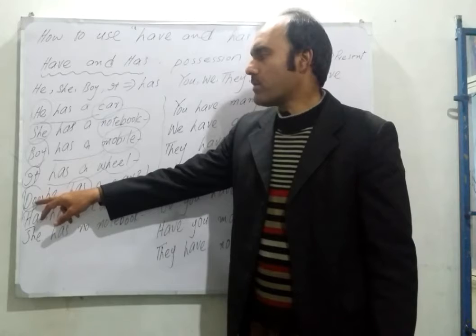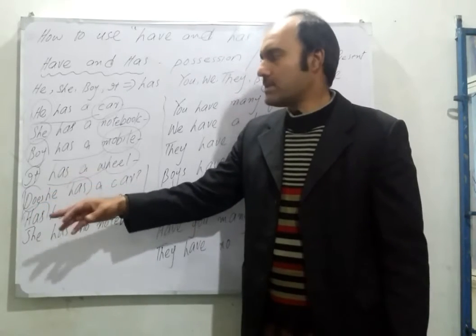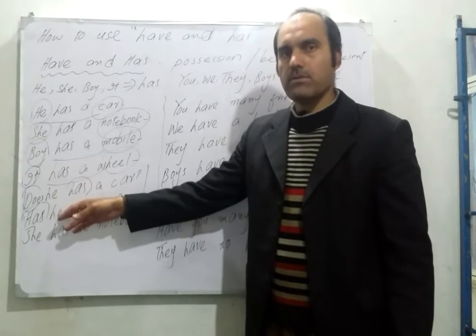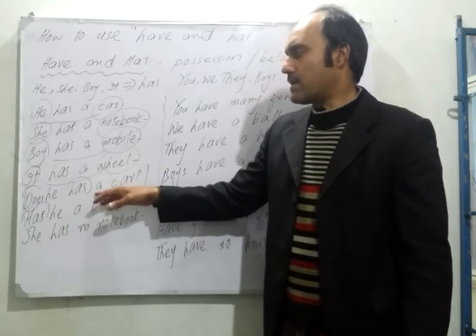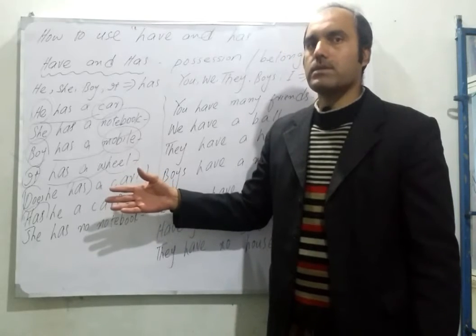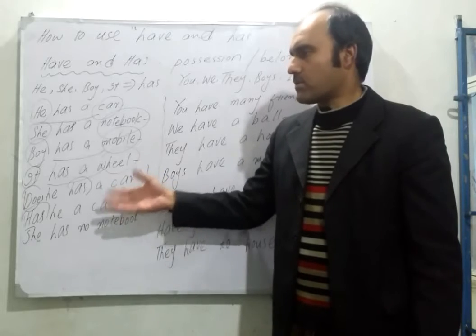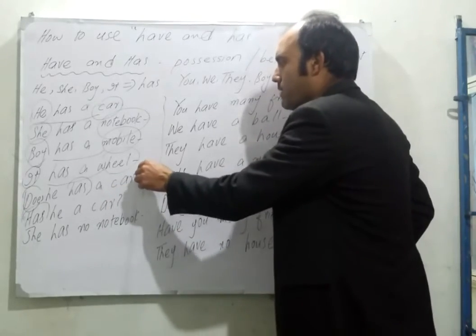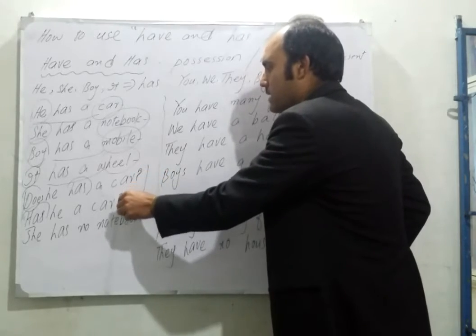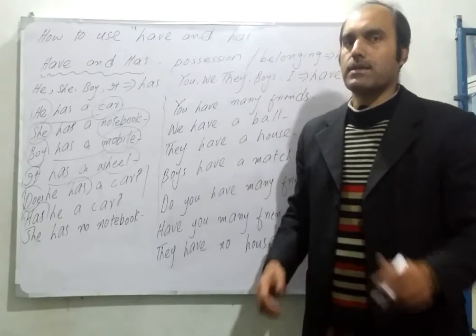So when we put does or has at the beginning of the sentence and then write our subjective pronoun or noun, and then write the name of the thing which is in our position or the position of someone, then our sentence becomes interrogative. And this one is a sign used for interrogative sentences when the sentences end.